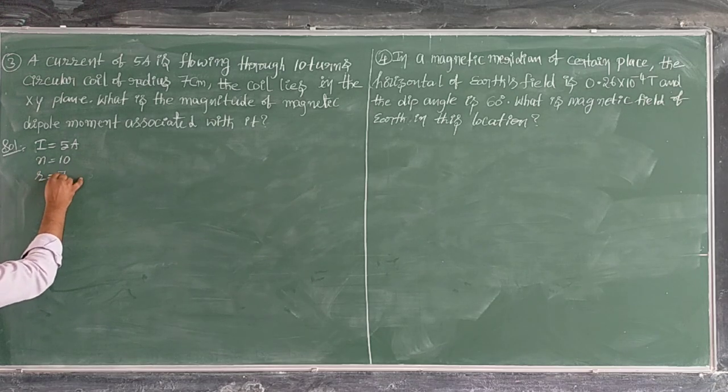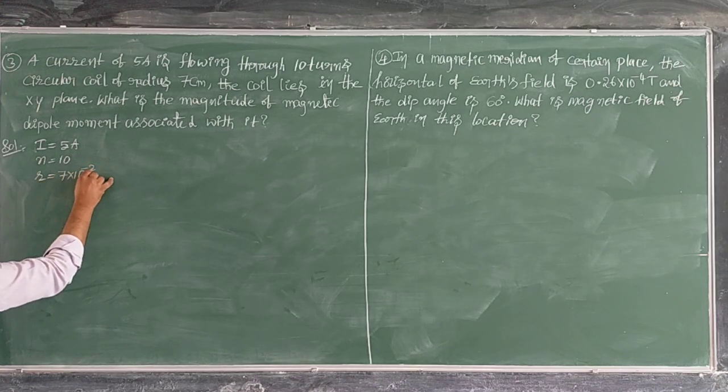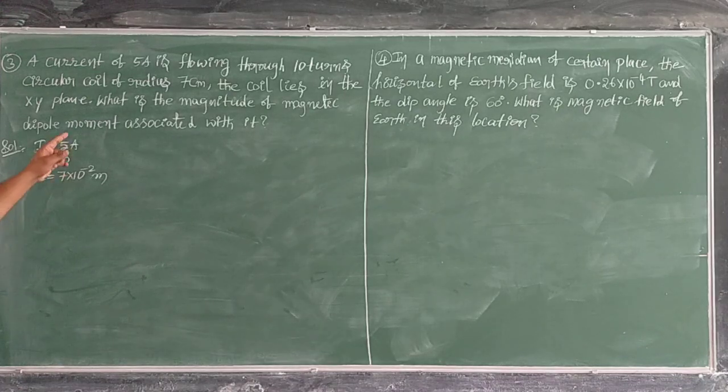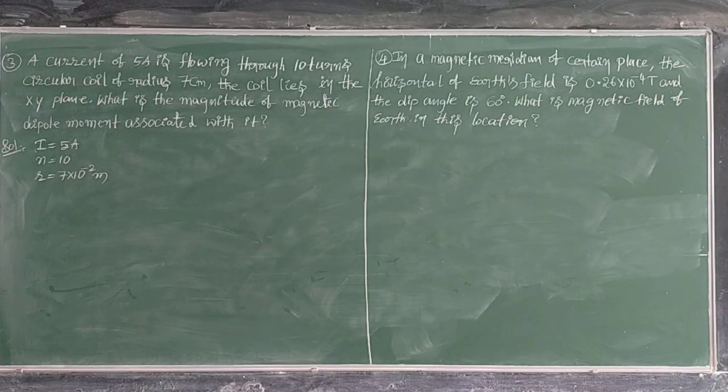That means current of 5 ampere flowing through 10 number of turns. The radius of the coil is 7 centimeters, that means 7 into 10 power minus 2 meters. The coil lies in the xy plane. What is the magnitude of the magnetic dipole moment associated with it?